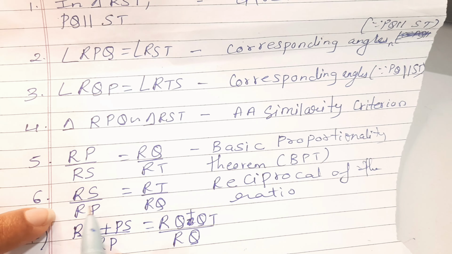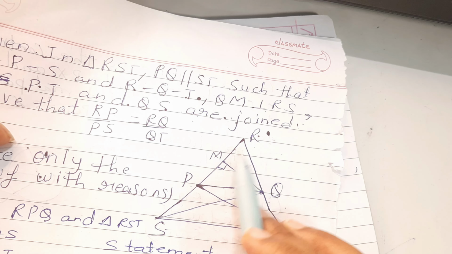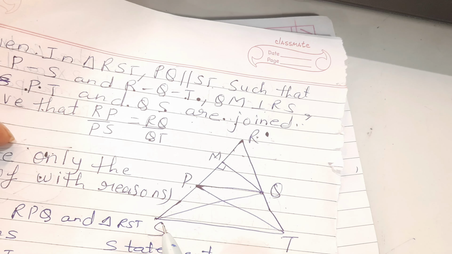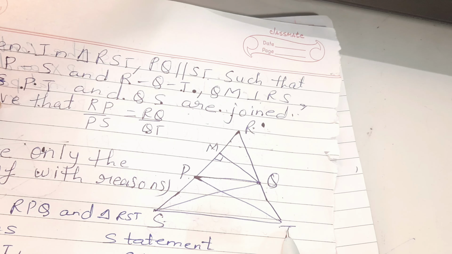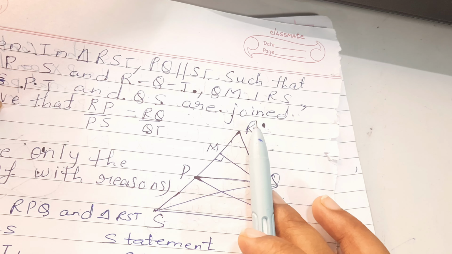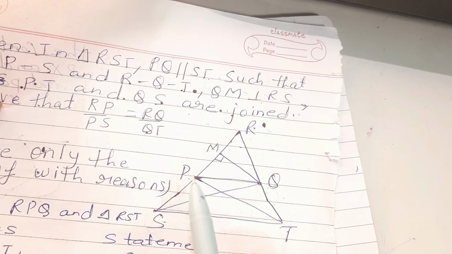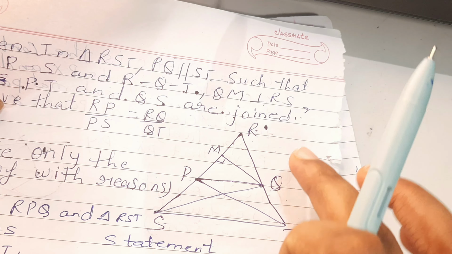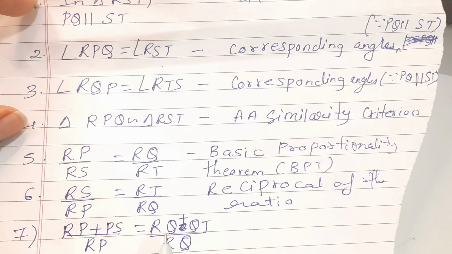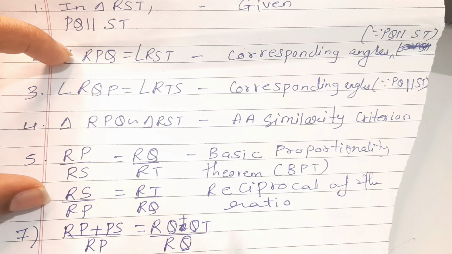So here RS means what? RS is equal to, RS means RP plus PS, right? And RT means RQ plus QT. Okay, what do you mean by RS? RP plus PS, and RT means this plus this means the entire portion. Okay, that's what I have done over here, RQ plus QT.